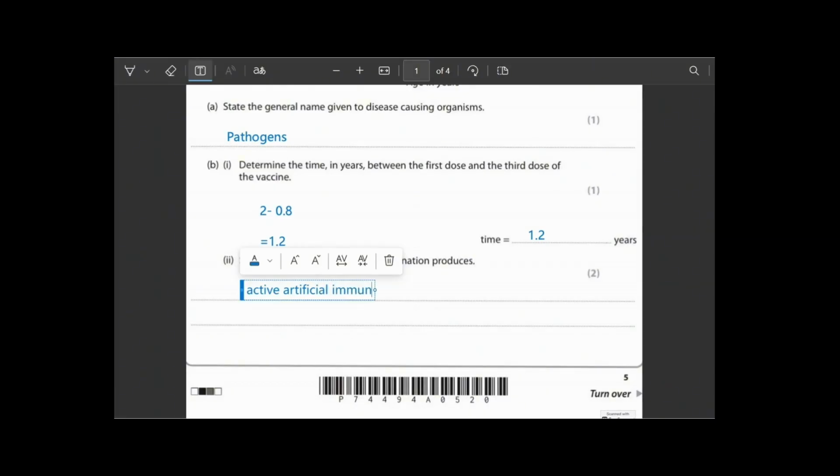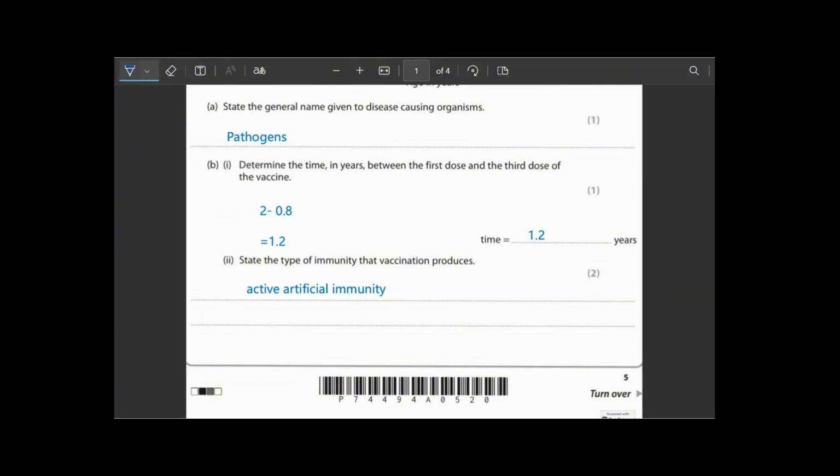Why active? Because it is constantly producing antibodies, detecting the antigens, and also memory cells so that your body can always remember the response that is needed when this particular type of bacteria or virus or maybe a disease causing organism is next time invading your body.